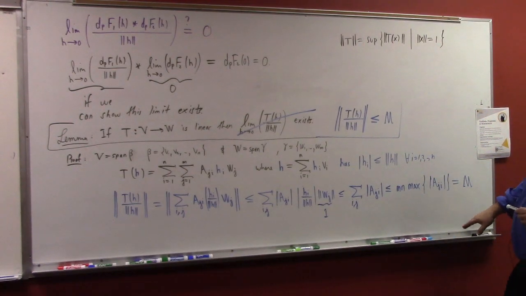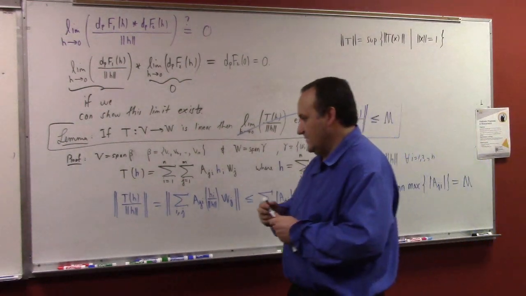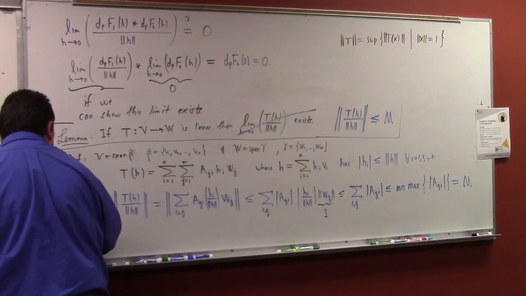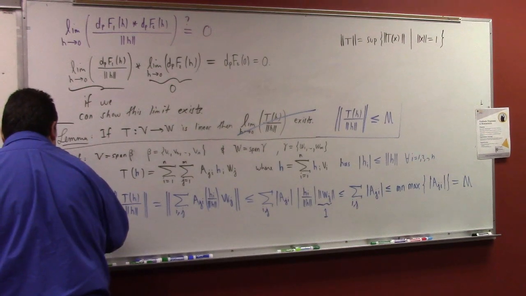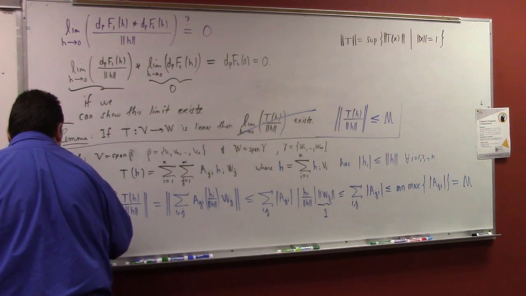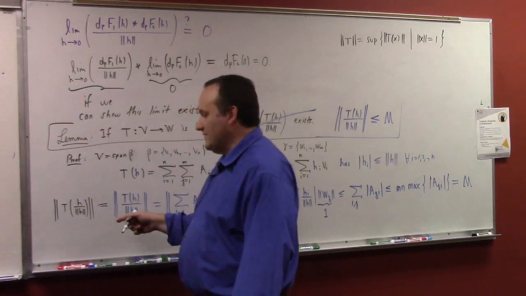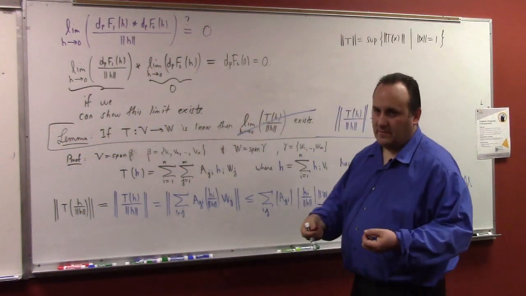You can almost see that from here, because if you look at it, this is the norm of T of h over norm h. So what we're looking at here really is the linear transformation on the unit ball.